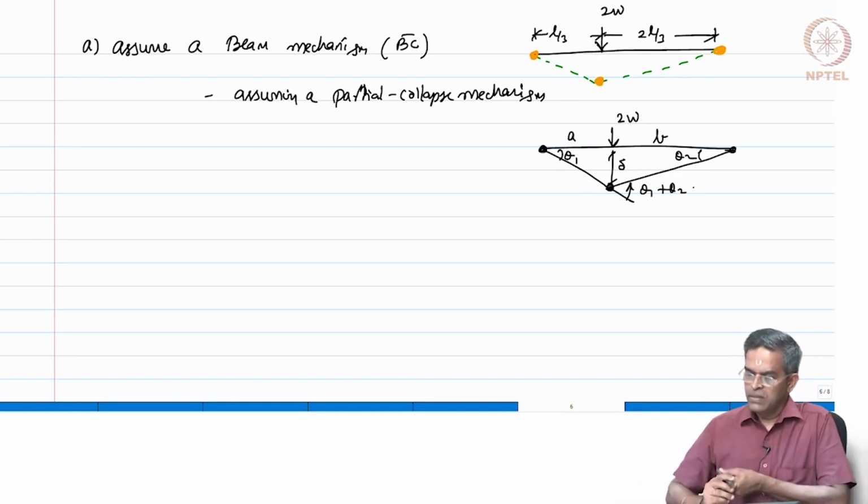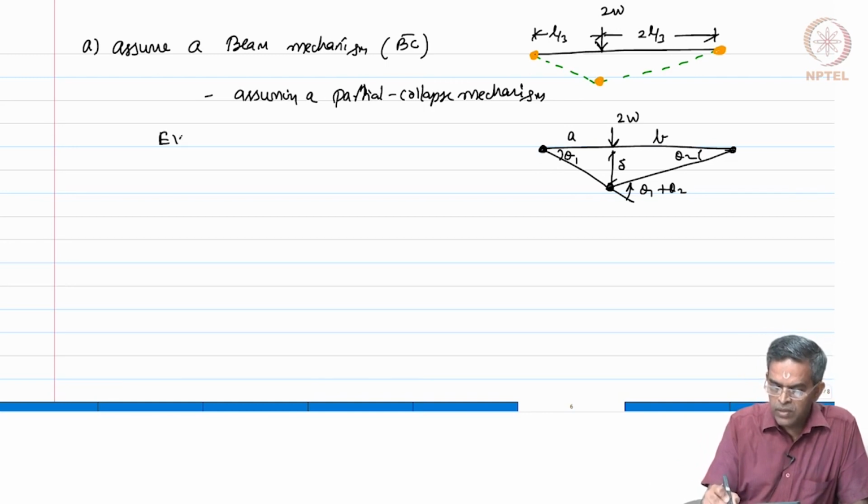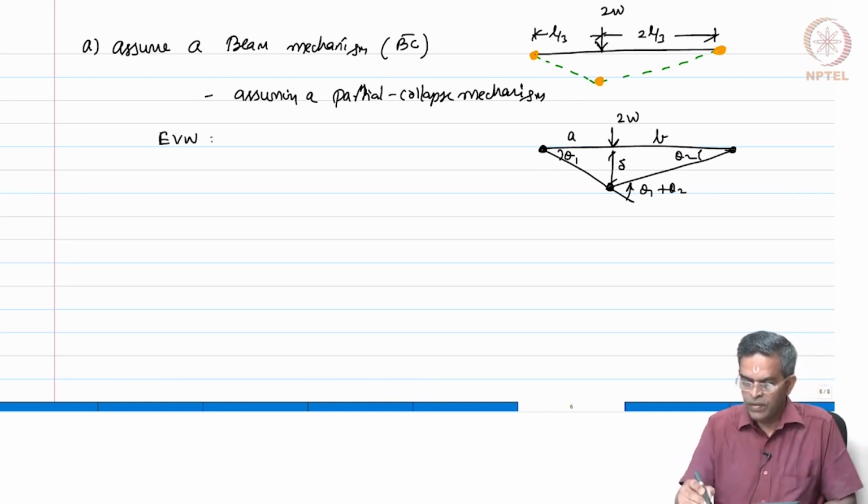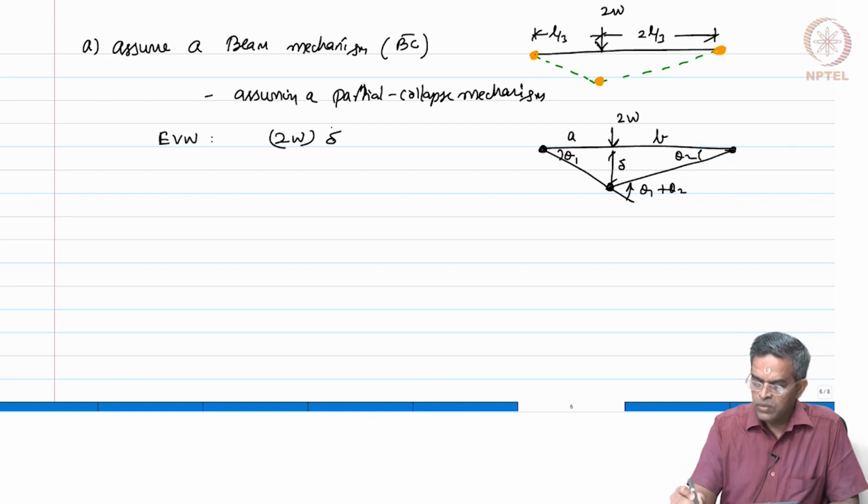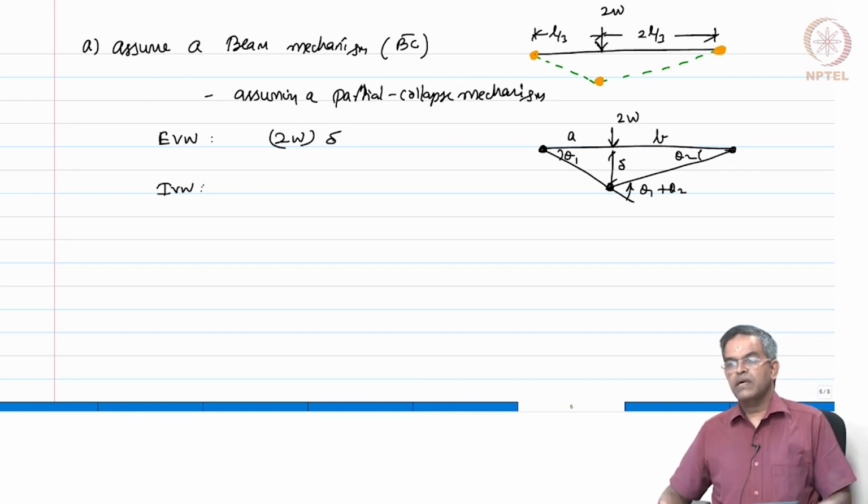Let us write down the external virtual work, which will be 2W into delta. The internal virtual work will be the work done by the plastic hinges.